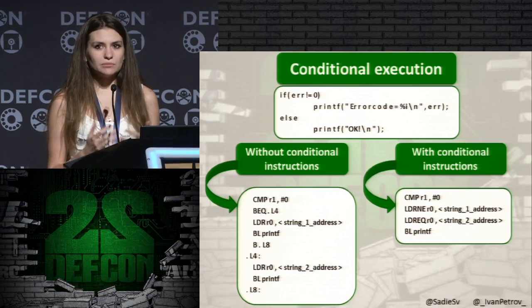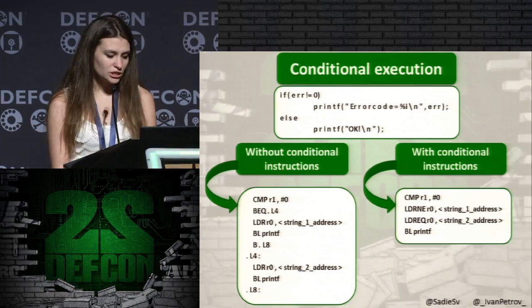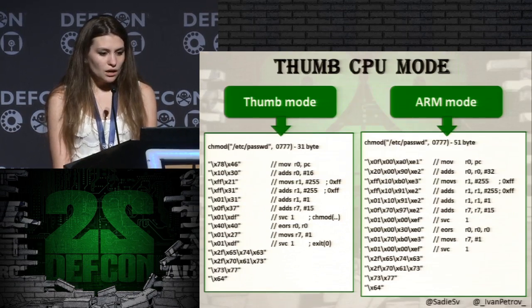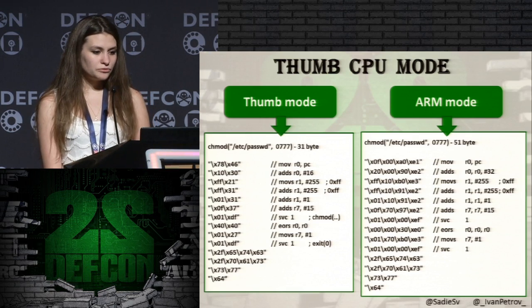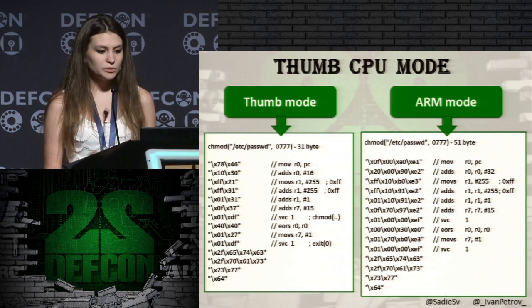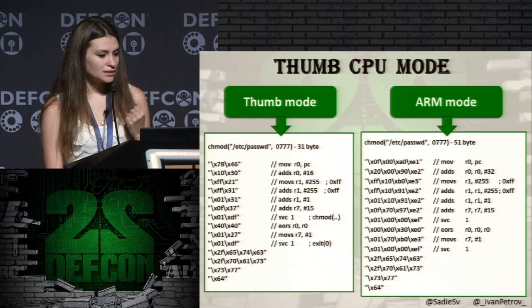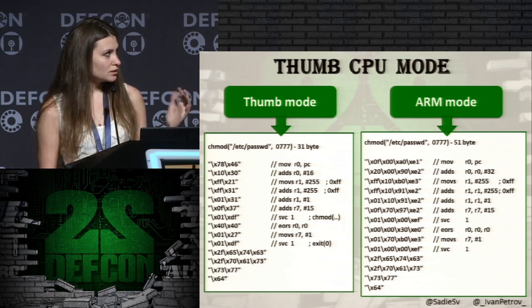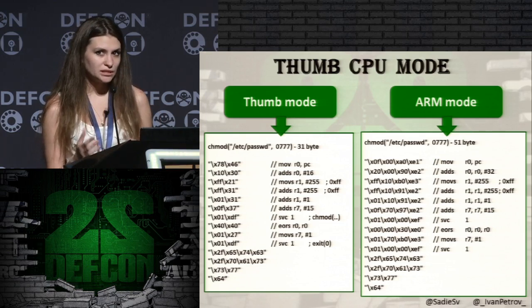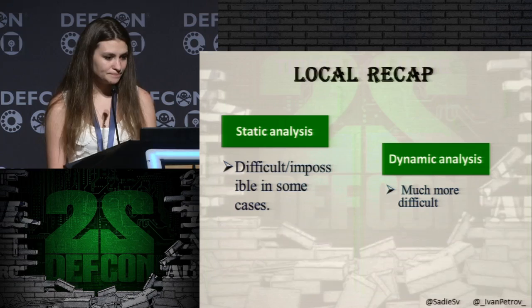But again, as I mentioned before, it's a really cool technique for obfuscation. Here is an example of Thumb CPU mode and ARM CPU mode. It's the same piece of code, so we can see that in one mode we can compress our binaries and have some free space to do everything else.